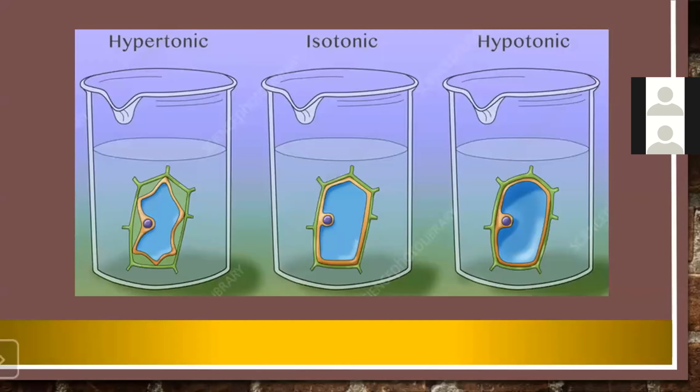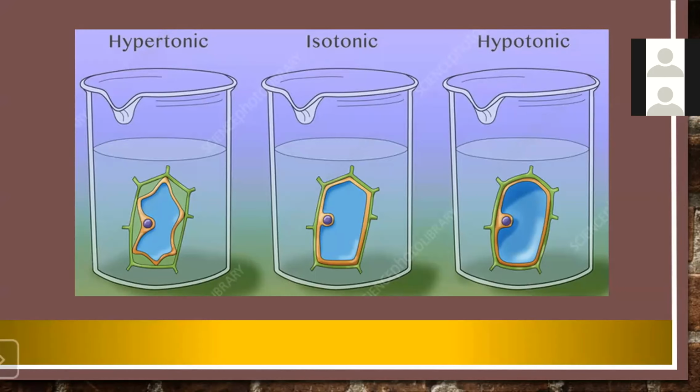When we talk about net movement of water molecules from one side to the other. So for the case of isotonic, it means the number of water molecules moving into the plant cell and the number of water molecules moving from the plant cell to the surrounding solution, they are the same. For the case of more water molecules moving from the plant cell to the surrounding solution, that is the net movement.